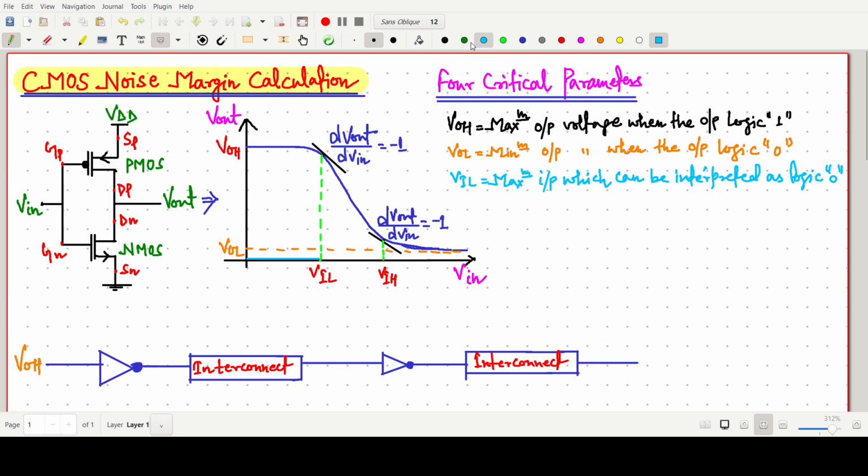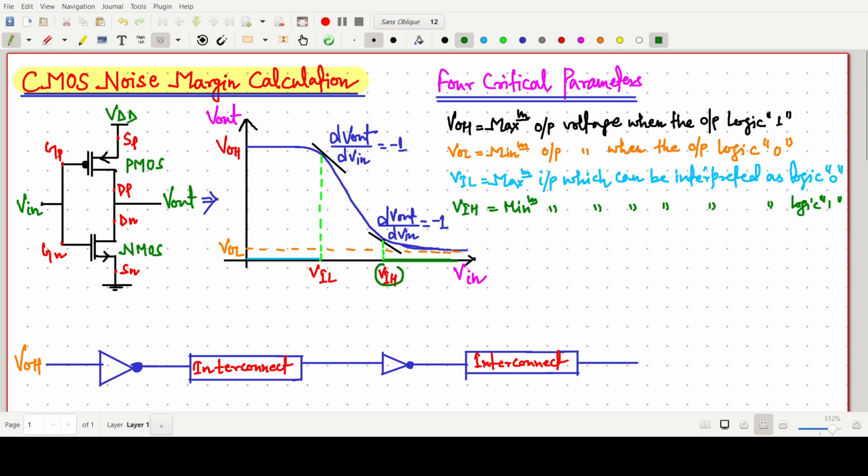Now one more thing is there, that is our VIH. VIH is the minimum input which can be interpreted as logic 1. Why am I saying minimum? Because after that it will give the logic 1 input, a high value of input, but this should be the minimum.